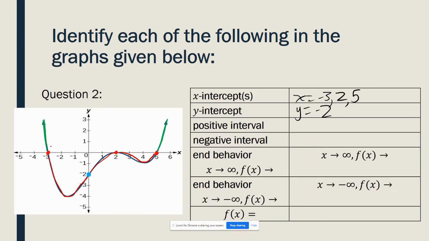For my positive intervals, if I draw lines through my x-intercepts, my green area is from -infinity all the way up to -3, because all the way to the left my graph is positive. And again, from 5 all the way up to positive infinity, my graph is positive again.